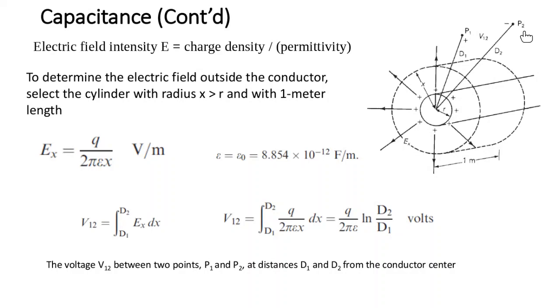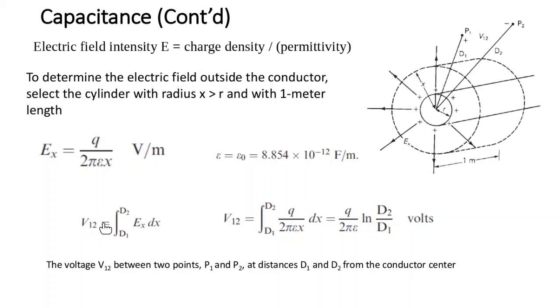In the magnetic field, it's a loop, it's around. That's why we do the closed loop integration. And the charge here is just from positive to negative.